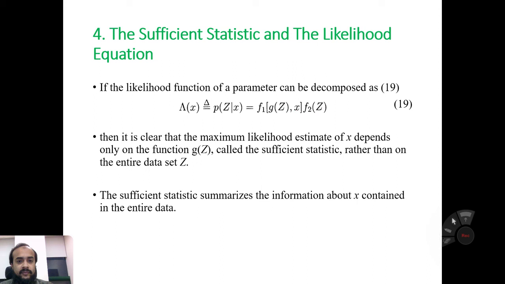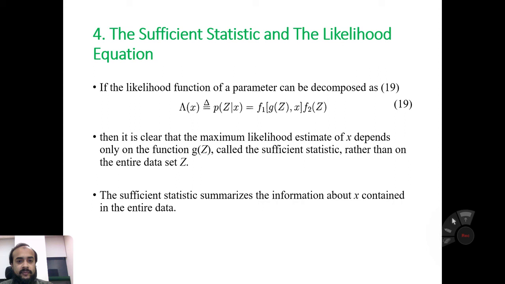Then it is clear that the maximum likelihood estimate of x depends only on the function g of z, called the sufficient statistic, rather than on the entire data set z.